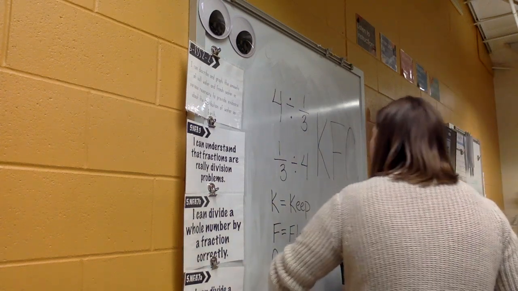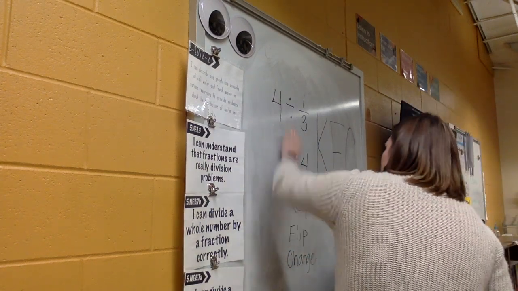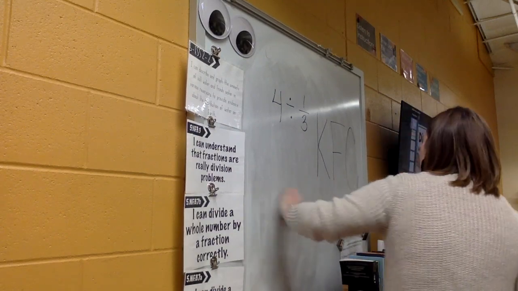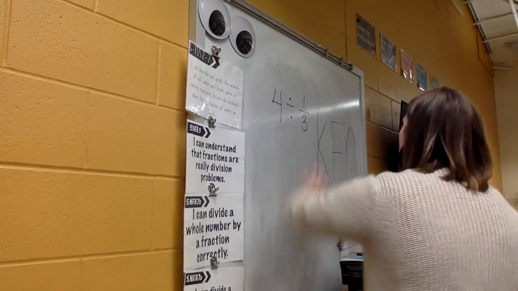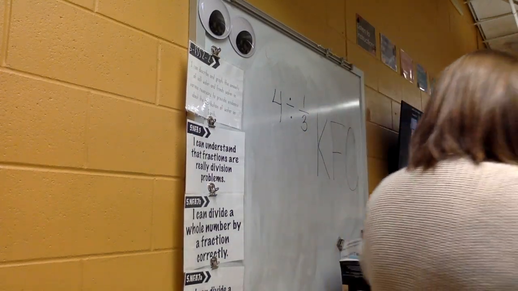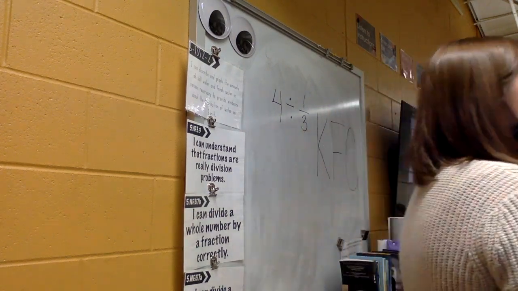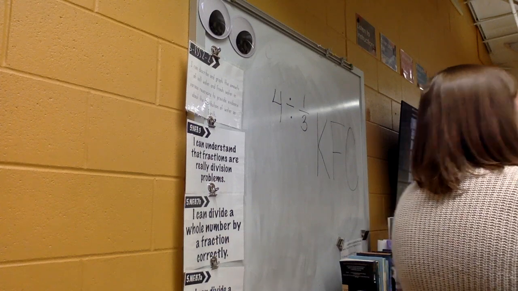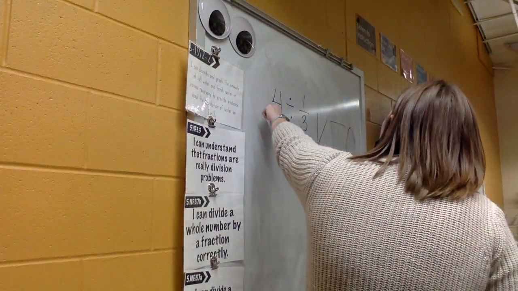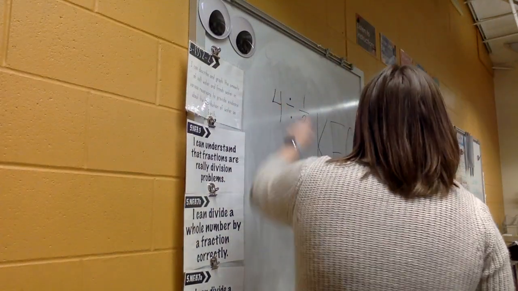Okay, now let's learn what this means. I'm going to leave that KFC there and use this top example. We're going to use 4 divided by 1/3. The first thing I need to do is turn my whole number into a fraction.